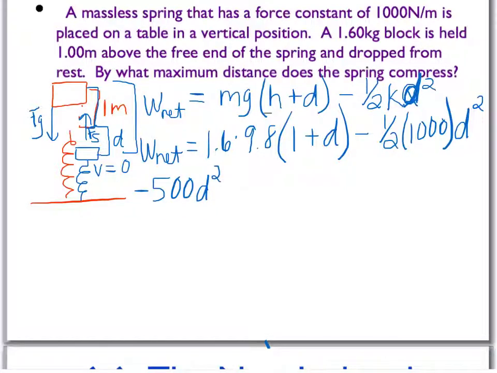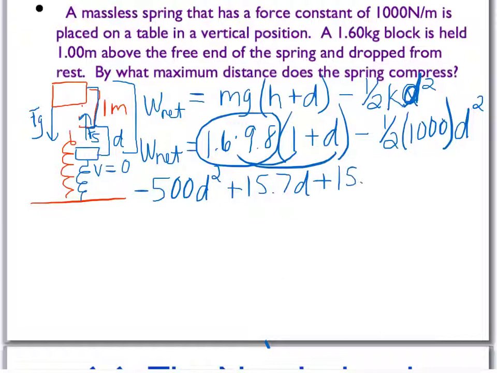When I multiply the 1.6 by the 9.8 and then distribute that through to each of these pieces, I would have a 15.7 multiplied by the d and another 15.7 just multiplied by the 1. Now this is our expression for the total net work done on the object.